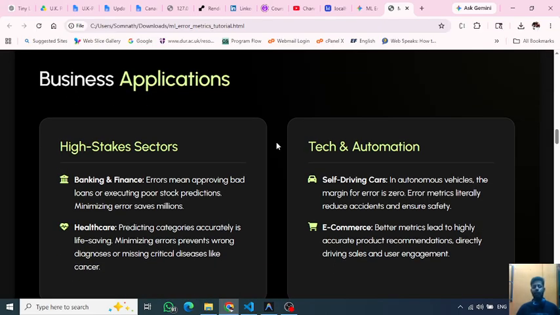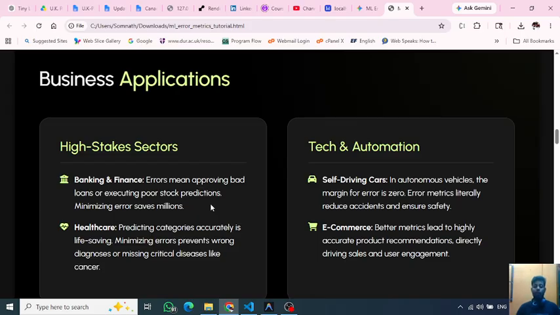Error metrics are crucial for every use case, but they are very important in high stakes sectors like banking and finance, where for any minor error you have to pay huge. Suppose you use your model to approve a loan, deciding whether the customer is eligible.